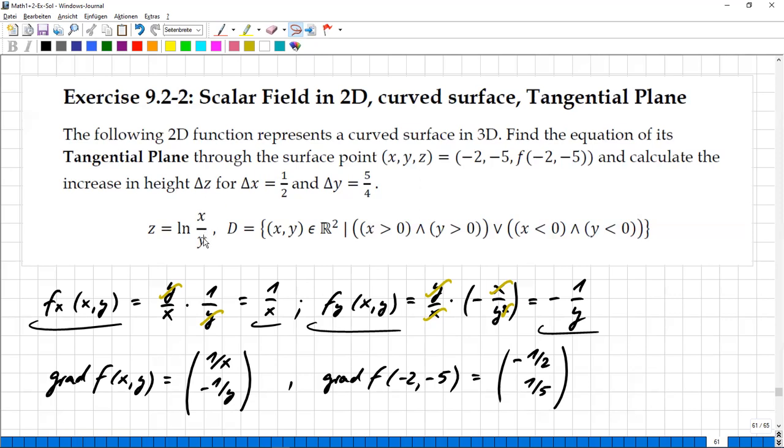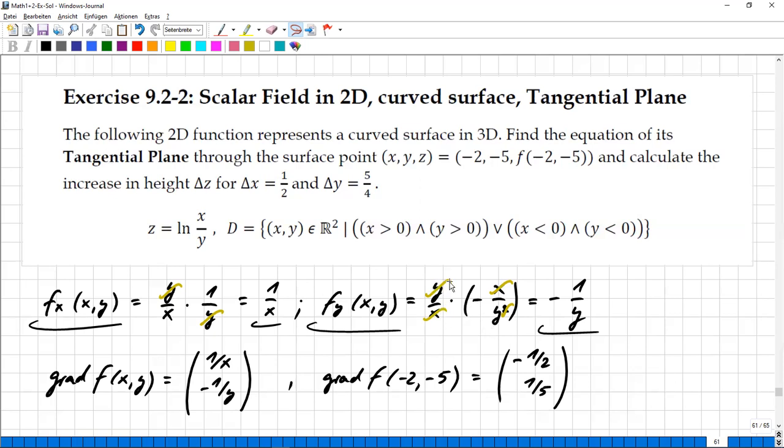This time I can rewrite this as x times y power negative 1, and I get the derivative for y equals negative 1 times x, which stays as a constant factor, times y power negative 2, which is then negative x over y squared. And I cancel out the x here and here, and also one of the y's.